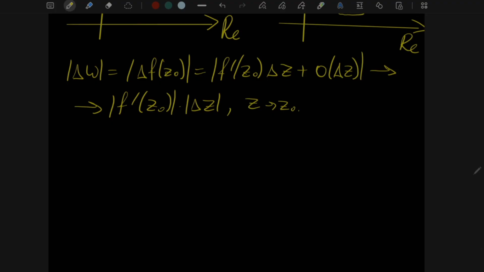Okay, and as you can see, the accuracy of our stretching is little o of delta z.